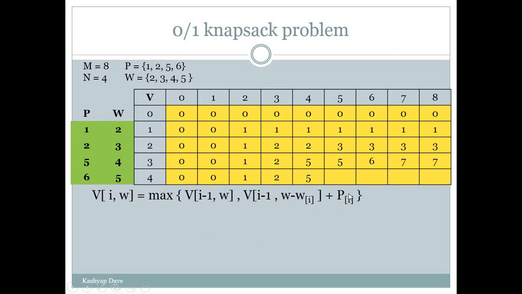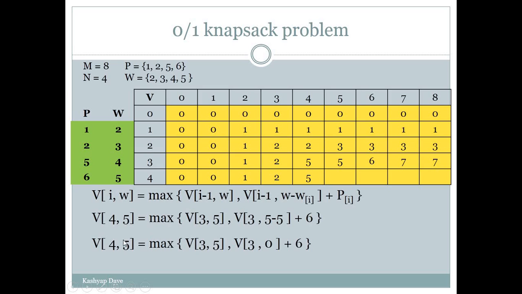Okay, so now let's calculate for this thing. Our V45, I is equal to 4 and W is equal to 5, means for this place we will find the value of 3 5 comma 3 comma W means 5 minus weight of item, which is 5, so 5 minus 5 plus profit of item, which is 6.